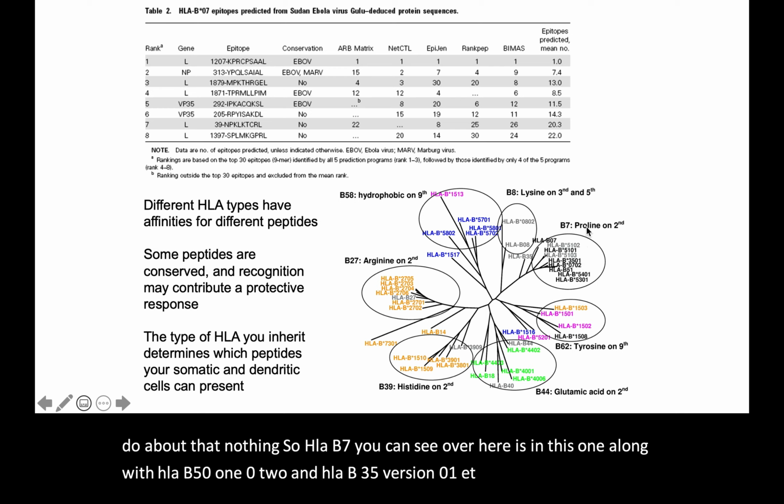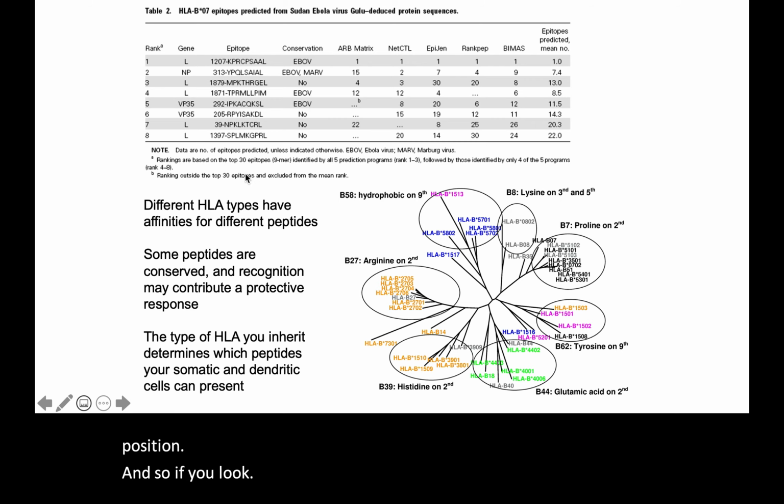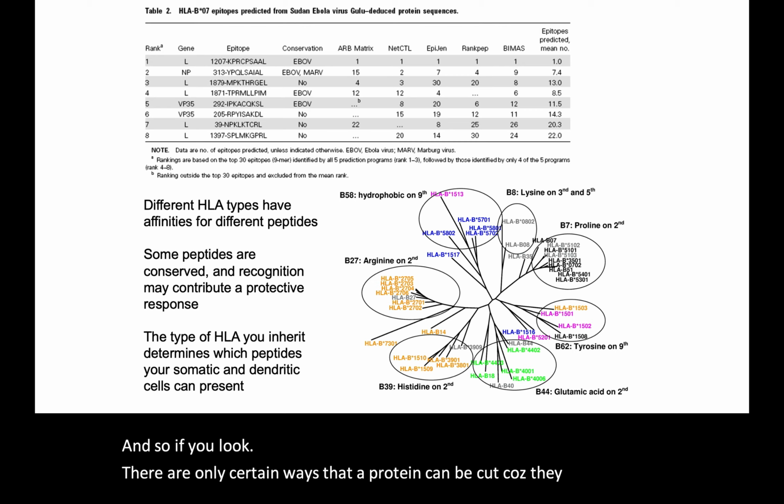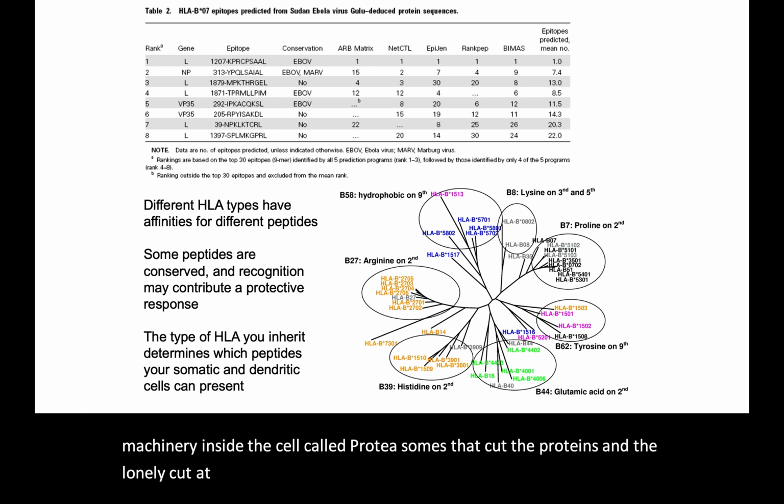And all these guys are looking for a proline amino acid at the second position. And so if you look, there are only certain ways that a protein can be cut, because there's certain machinery inside the cell called proteasomes that cut the proteins, and they'll only cut at certain structures and at certain amino acids.